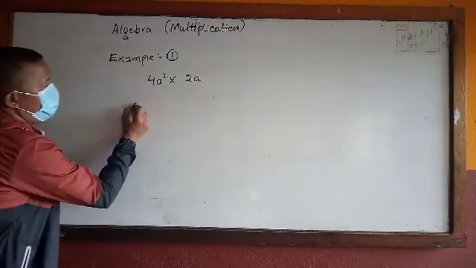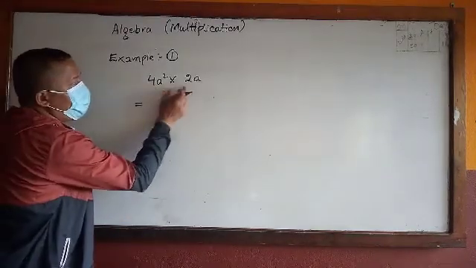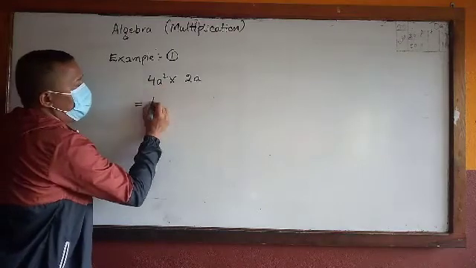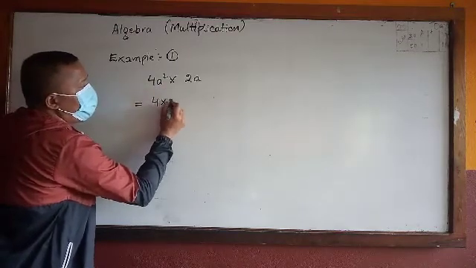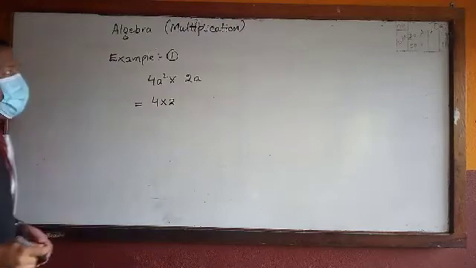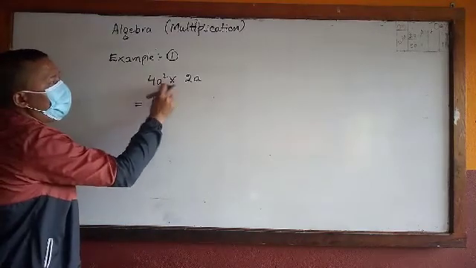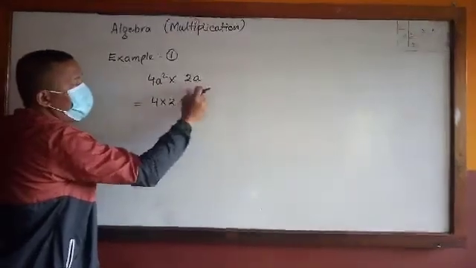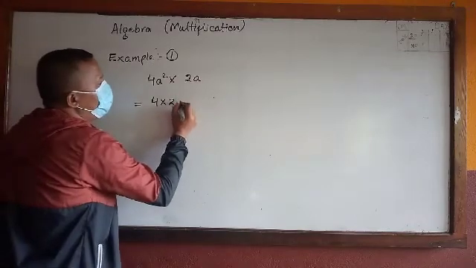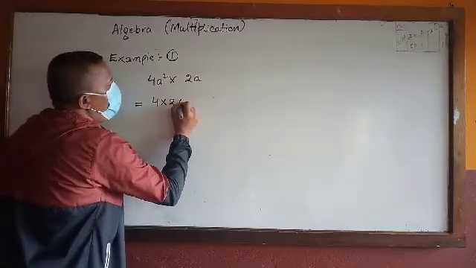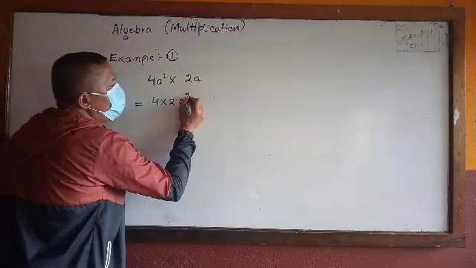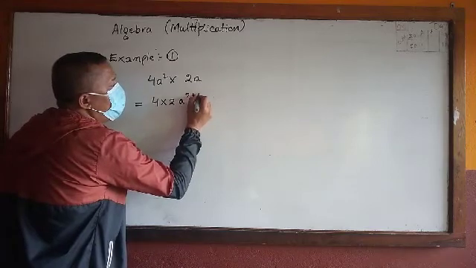How you do it: first of all you take out the constants only, for your easy work. 4 into 2. Then the base and power, the bases are your variables, you take out separately. Then that is a, 2 plus 1.